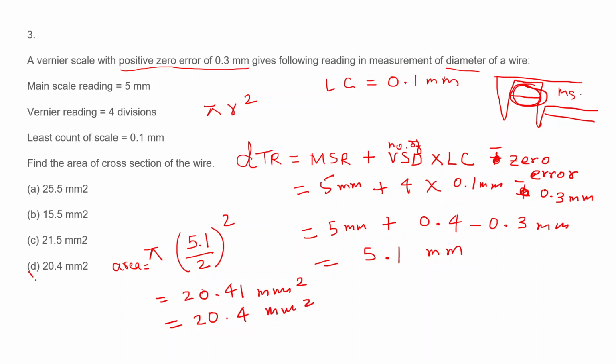Actually these are all squares, I'm sorry, it's written like 2, it's millimeter square, all of these. And yeah, I had made the mistake. It's a positive zero error, and it needs to be subtracted from our reading so that we get the correct reading. So this has to be subtracted. Please keep in mind the correct formula. Moving on to next question.